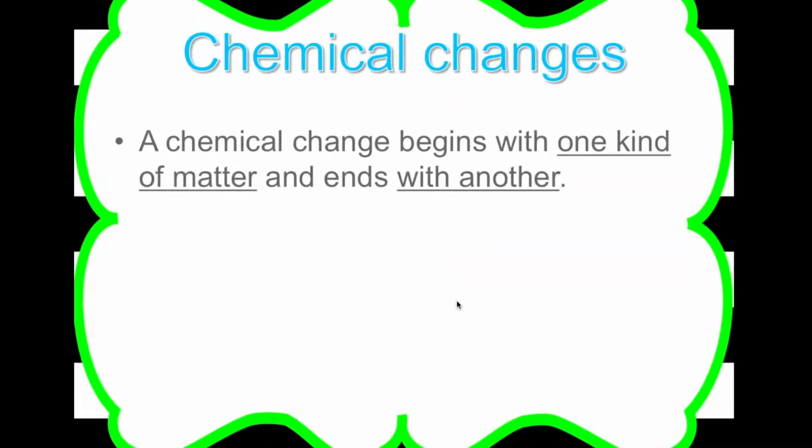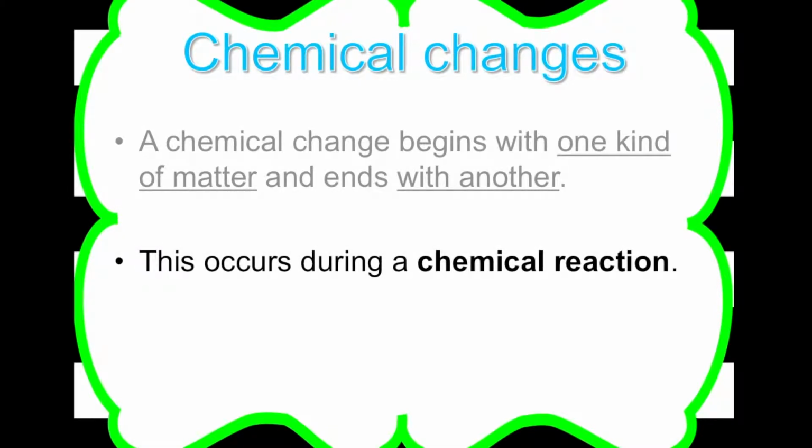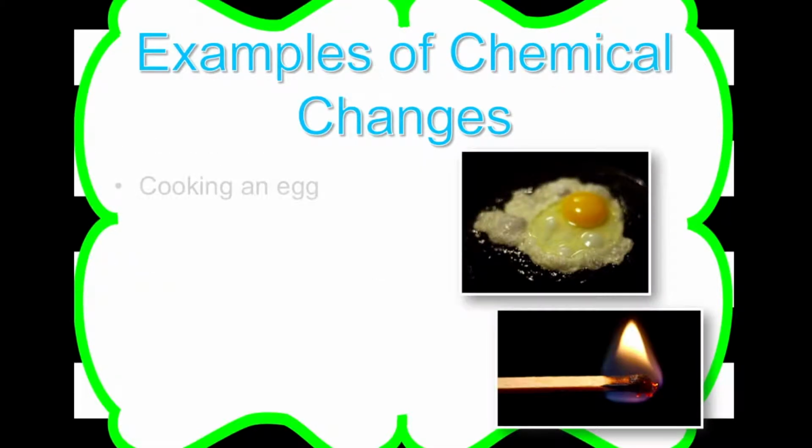Chemical changes. A chemical change can begin with one kind of matter and end with another. This occurs in a chemical reaction. For example, cooking an egg. Before you cook it, it's liquidy, and then after you cook it, it's solid.